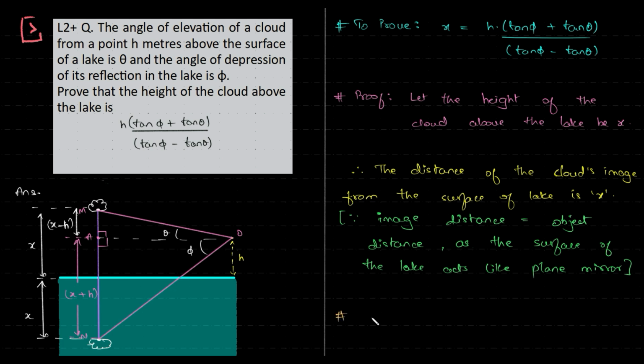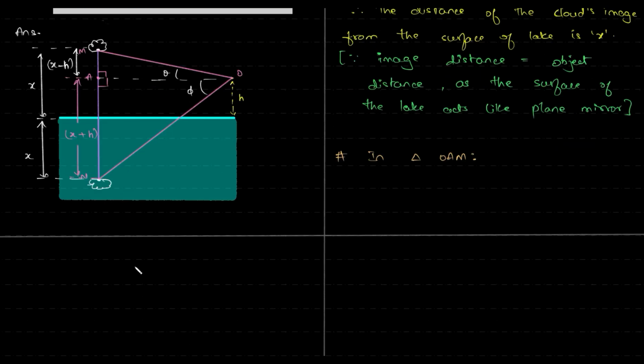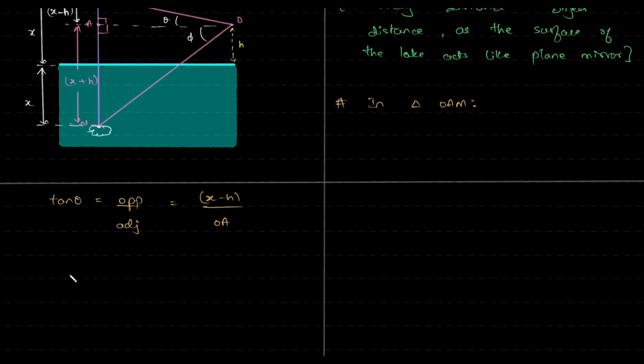Okay, then moving on. In triangle OAM, all I'm doing is, I know that we have to use tan because we have it over there. Let's use that and get it over with. Even I don't know how to get the exact answer. I'm just writing what is obvious to me. Tan theta is opposite by adjacent. So opposite is x minus h divided by adjacent OA. So now I got an idea. I think we have to get an expression for OA and equate it, and we are done.